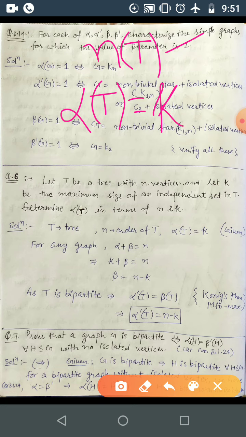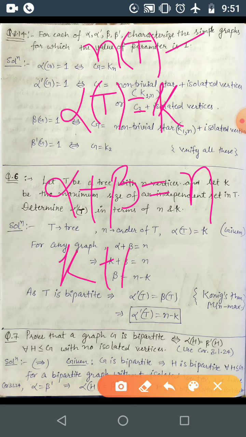Now we need to determine this alpha dash of T. For every graph you know that alpha plus beta is equal to n, correct. Alpha is k, so k plus beta is equal to n. So what you got: beta is equal to n minus k. So for every graph you know this one, and from here you got beta is equal to n minus k.